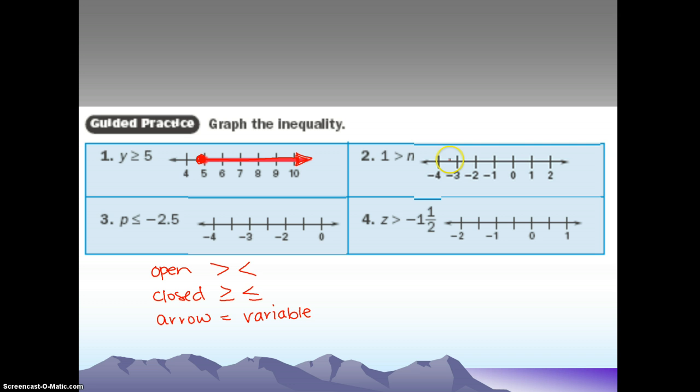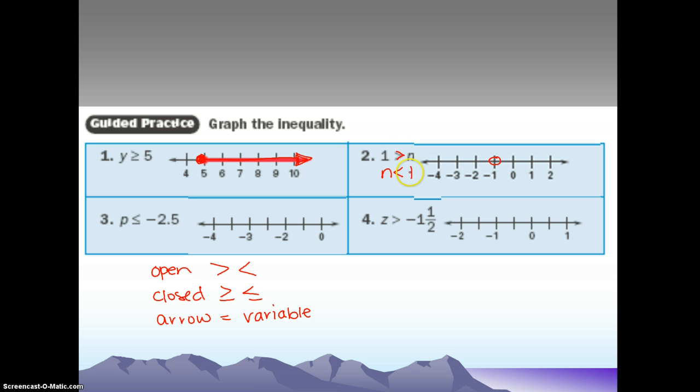Number 2, put a dot at 1. It's open, there's no line underneath the inequality. Now when we say this, let's say the variable first. N is less than 1. And again, you can write it this way if you want. See if it's a mirror image of the one on top.